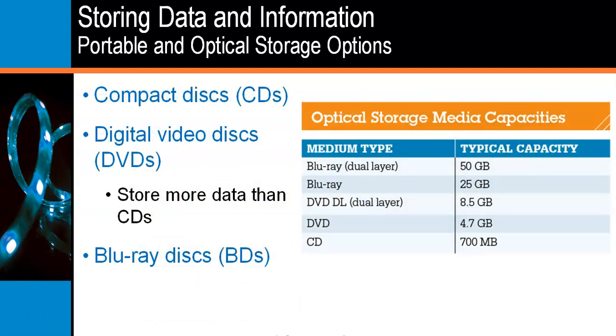We also have optical storage options as well. CDs are very popular when you don't need too much storage, such as for music, and DVDs store way more data than a CD, but are also slightly more expensive. And you may have Blu-ray discs.